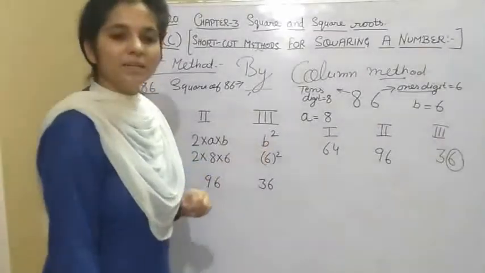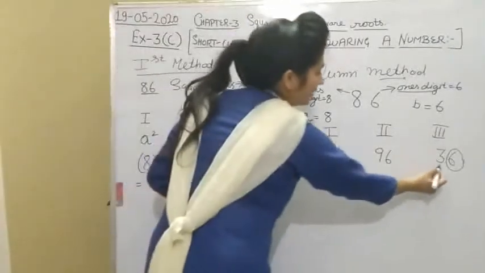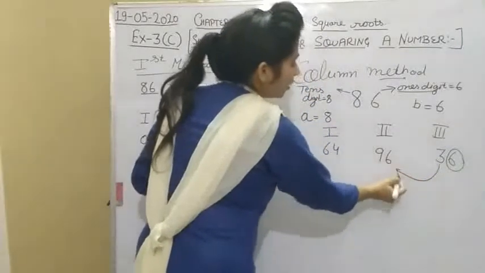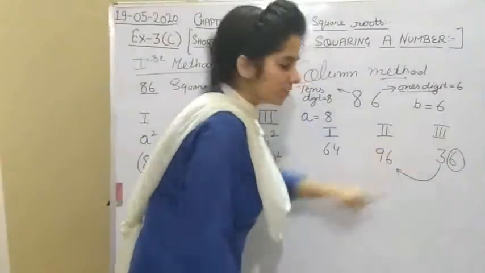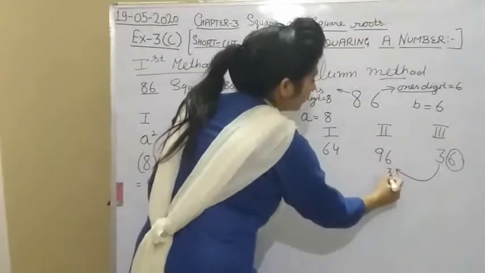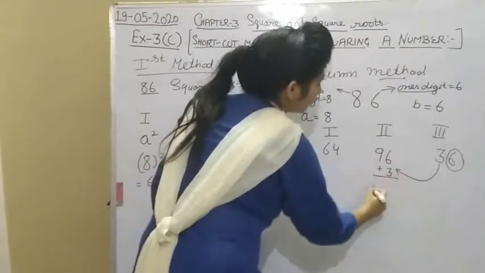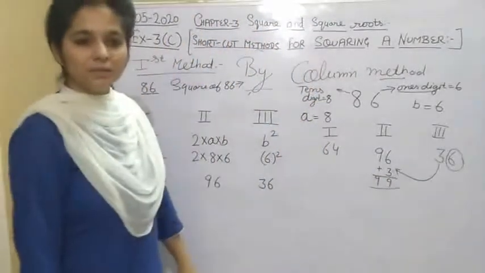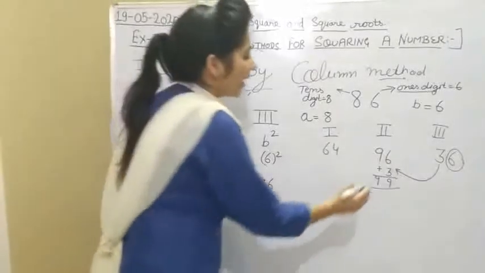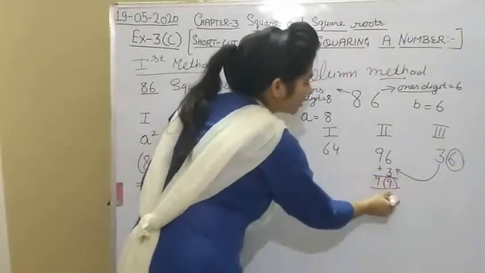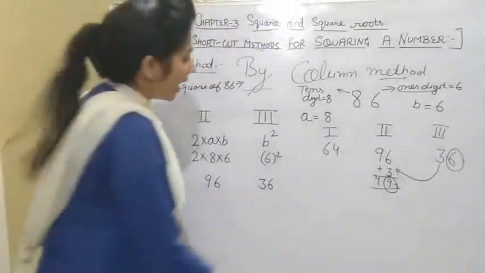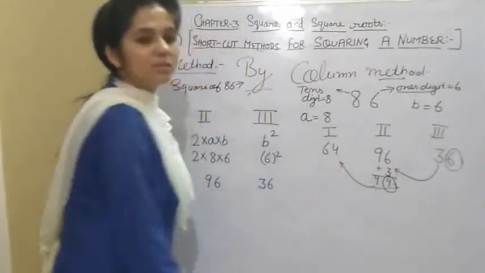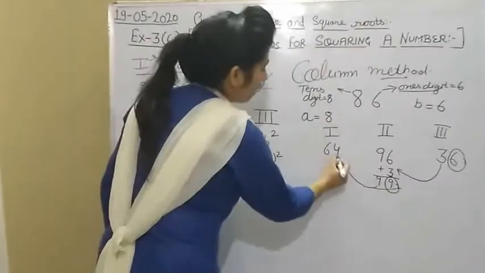Your ones digit is 6, and carry the tens digit over to the second column. And your second column will be 99. Again, circle the ones digit and carry the tens digit over to the first column.